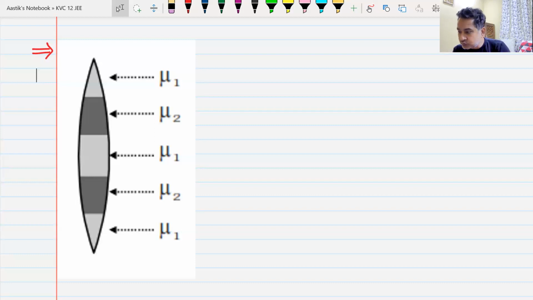Two, sir. How did you get 2? Two refractive indices. Yes, well done. That is the concept. It may be divided into 5 different parts, but effectively it is made up of 2 lenses or 2 refractive indices.